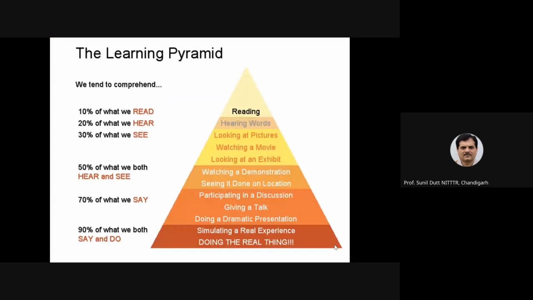Now, if you relate how we learn with the different components of the events which we are carrying out in the classroom, we tend to understand 10% of what we read, that is we are reading alone. And if the book is written in an abstract way, I think only 5 to 10% can be understood.